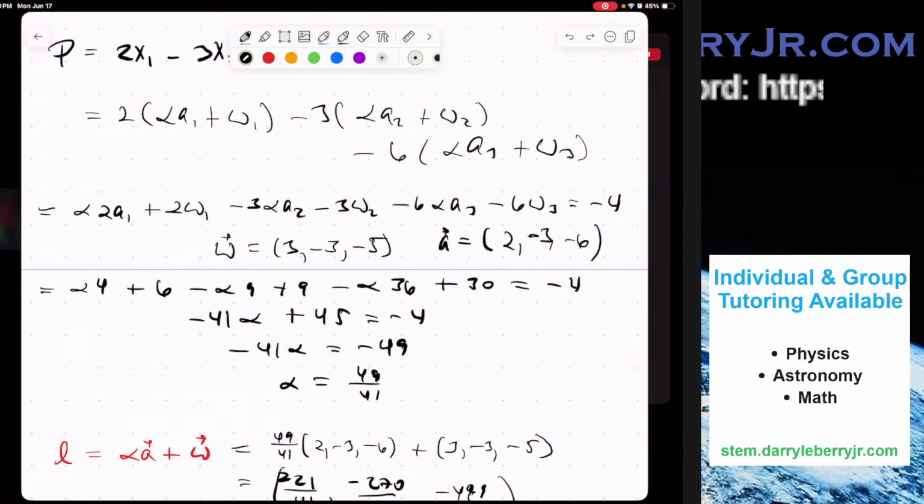So this should be 4 alpha plus 6. And this is a negative in front. And alpha 2 is negative, so that's a positive 9. And I did the same thing on the last one.